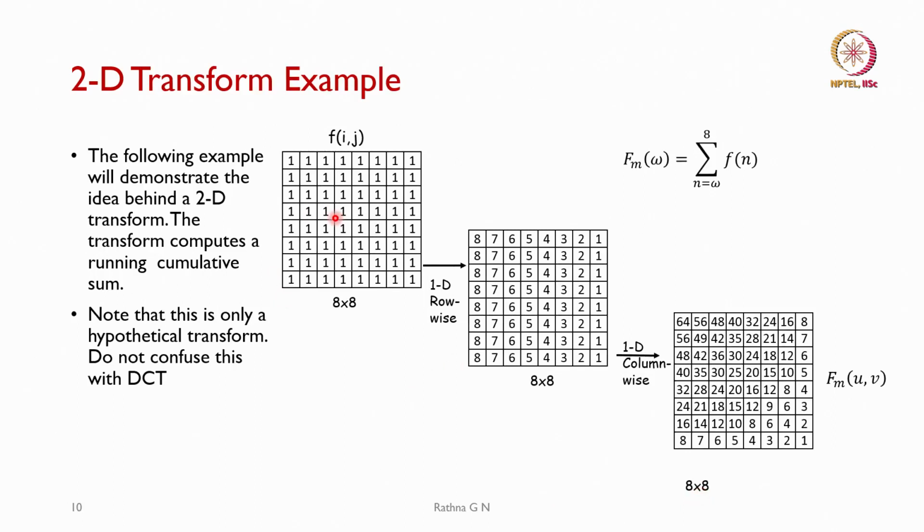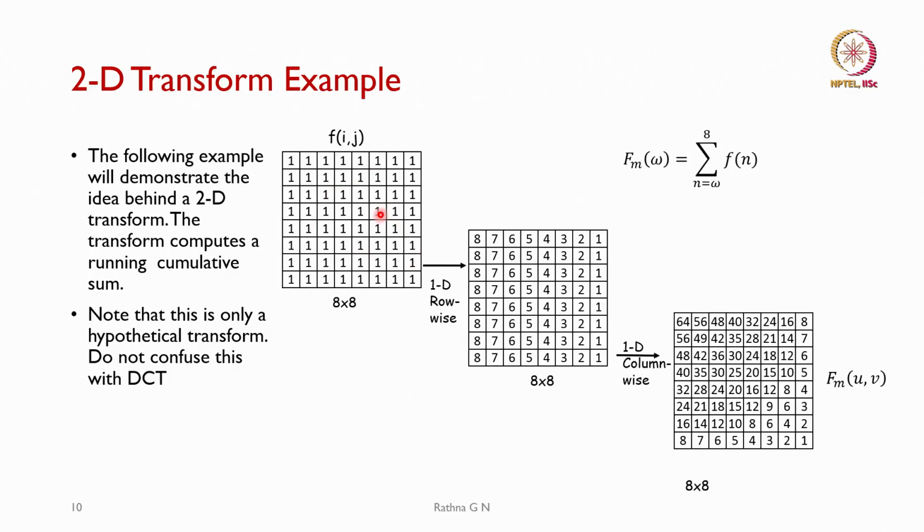This picture shows an intuitive example of the 2D transform. The first one represents all ones in this f of i comma j, an 8 by 8 matrix.